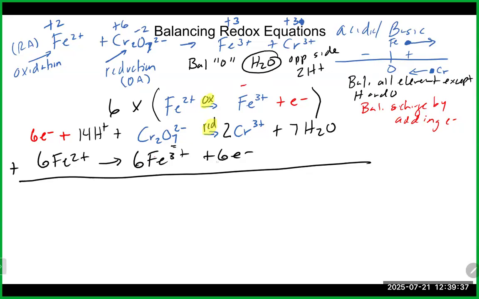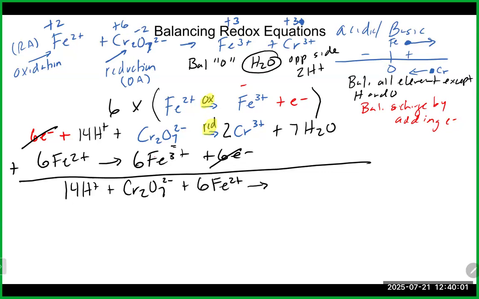So here, definitely for sure what should completely cancel are electrons. So the electrons should definitely completely cancel. At that point, I think that's everything. That's going to leave me here on the left-hand side 14 H+ plus Cr2O7 2- plus 6 of the Fe2+.